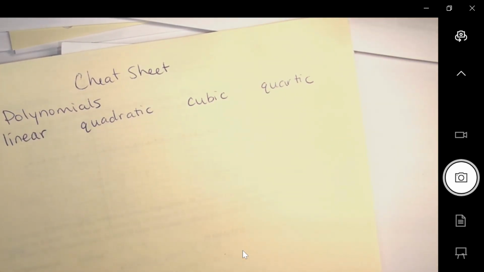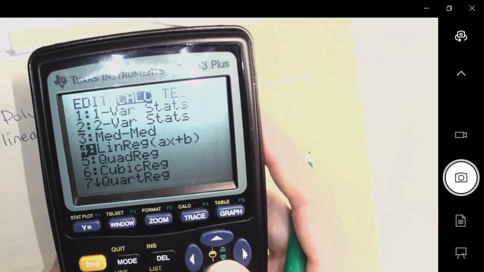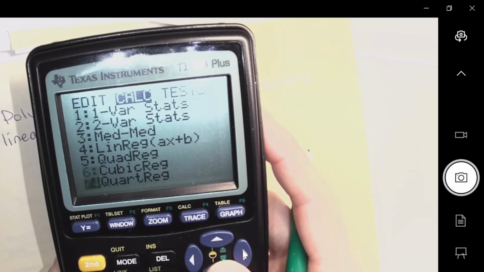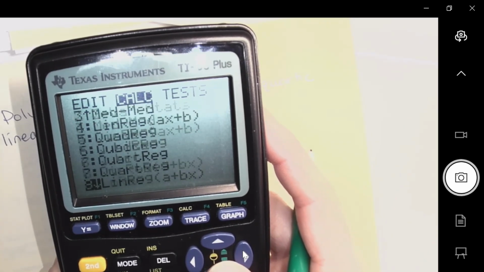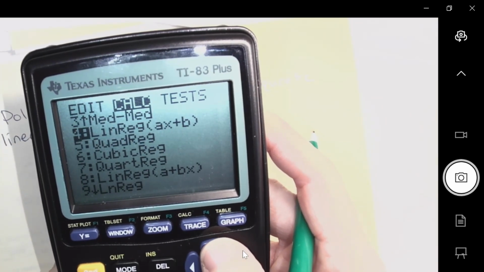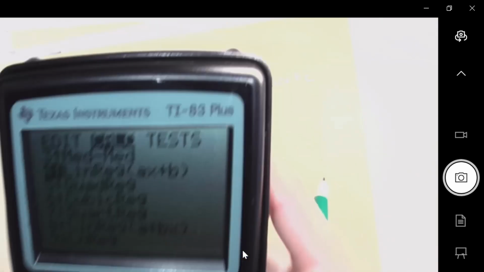Those are the names in your calculator. Remember on that list? So there was this one: linear, quad, cubic, quartic. Okay? So in that menu, those were the names of them.